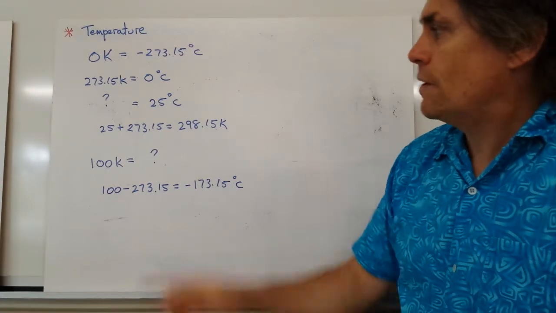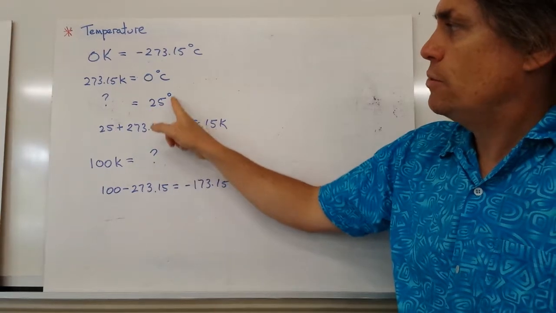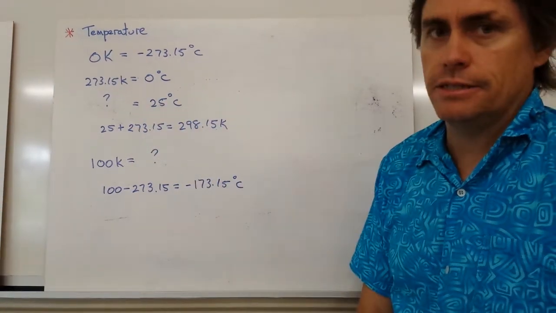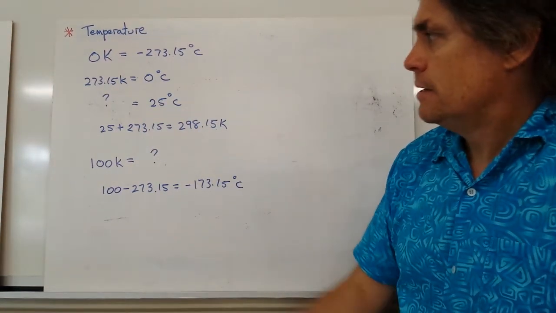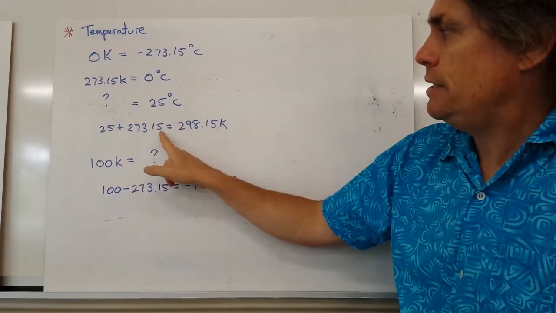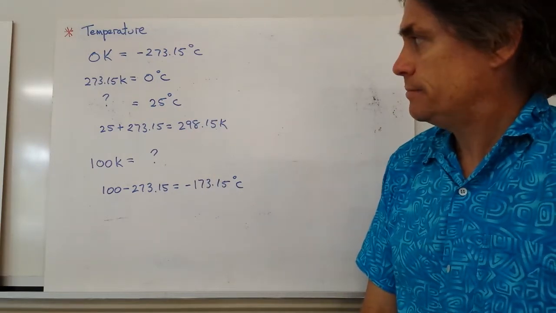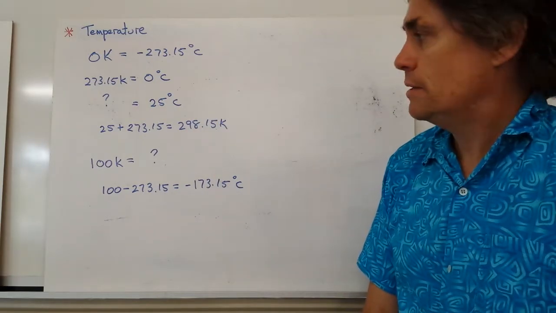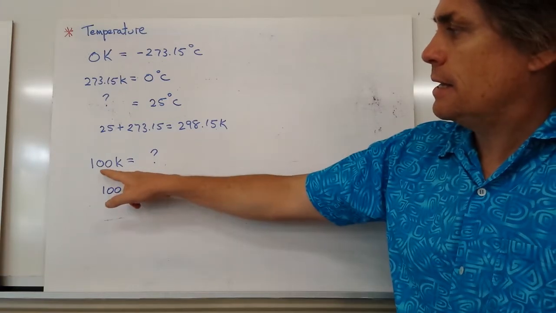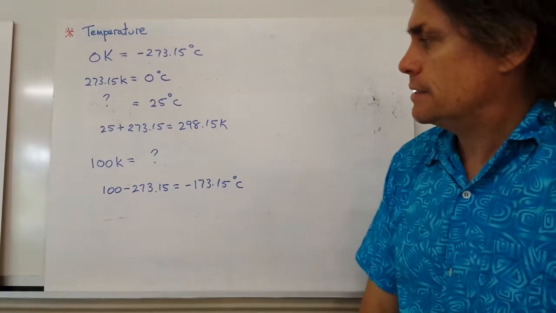So in this case we've got to add 273.15 to our degrees Celsius measurement. So in this case we've got 25 being our new measurement plus the 273, which will give us 298.15 Kelvin. Fairly straightforward.